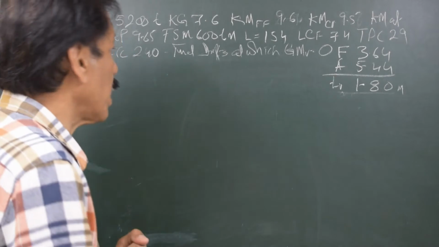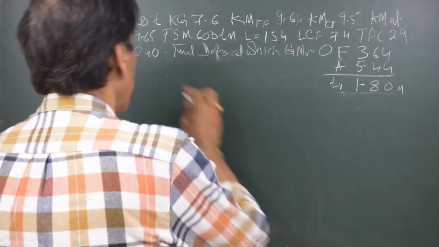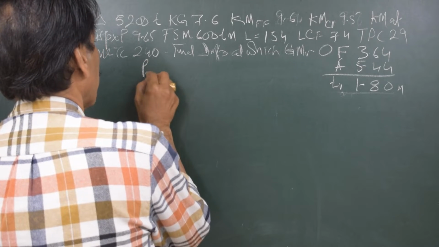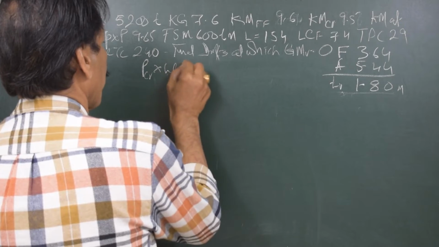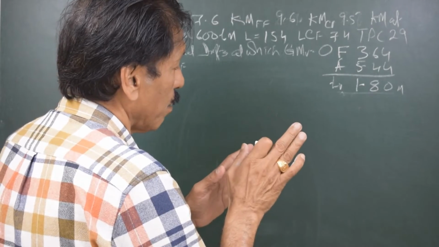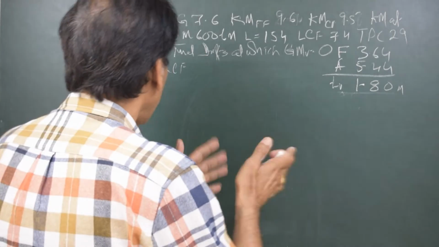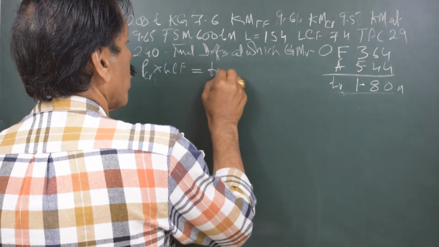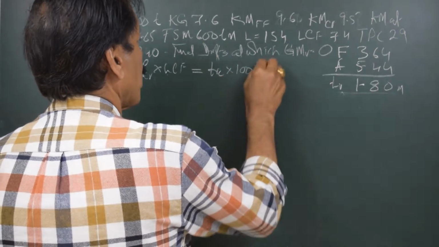As I always tell the students, one of the first equations you should write is P critical into LCF. One of the first calculations done for Drydocking, right in the beginning, is P critical into LCF is equal to trim change into 100 MCTC.